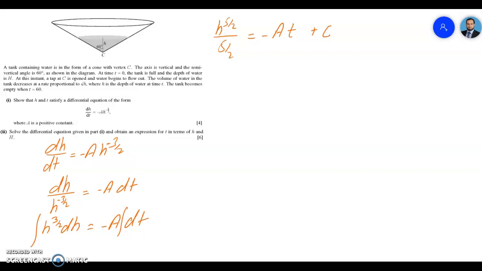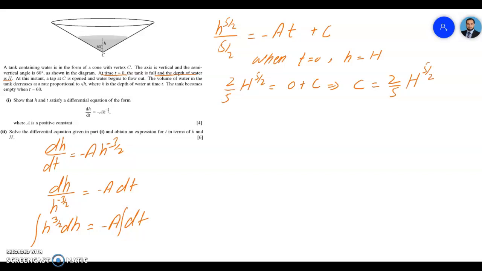Okay, in the question it says at time t is equal to 0, the initial conditions are given: the depth of the water is capital H. So when t is 0, h is capital H. So 2 over 5, h to the power 5 by 2 is equal to 0 plus c, which means c is equal to 2 by 5 H to the power of 5 by 2.